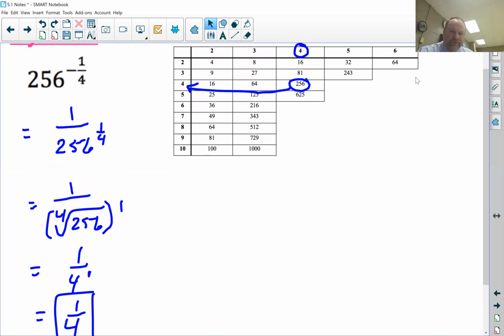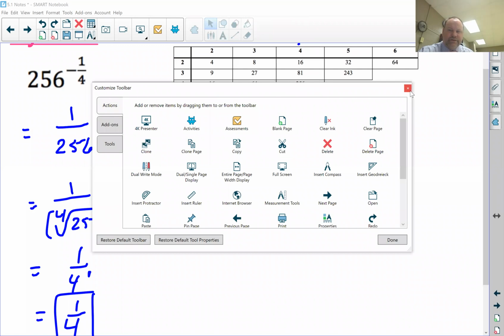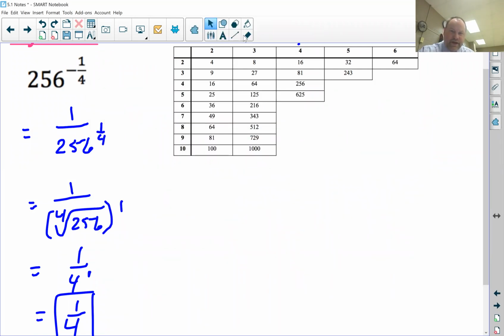So if you don't have it, I would make sure to write it down. I'm actually going to erase some of this, but you can find the chart in the copy of the notes as well. All right.